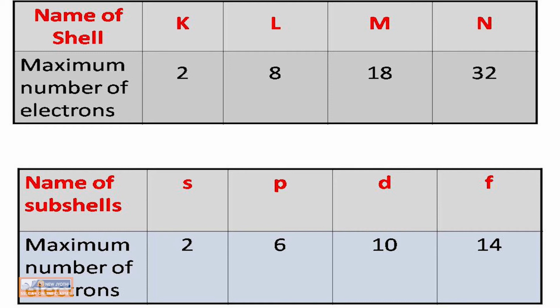What is the maximum number of electrons that can be accommodated in these subshells? The S subshell can accommodate 2 electrons, P can accommodate 6, D can accommodate 10, and F can accommodate 14.